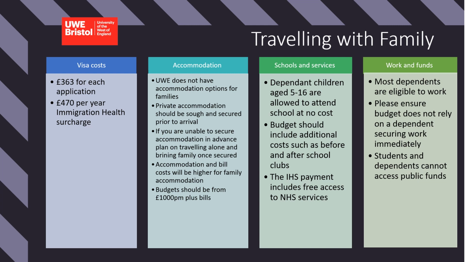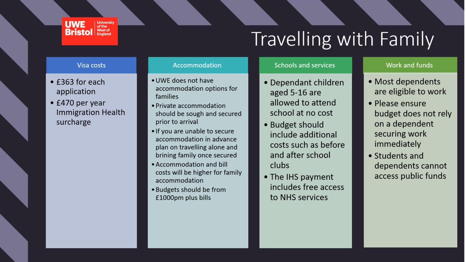Accommodation and bill costs will be higher for family accommodation, and budget should be from a minimum of £1,000 per calendar month plus bills. Schools and services. Dependent children aged 5 to 16 are allowed to attend school at no cost. However, budget should include additional costs such as before and after school costs and any additional travel to the school.